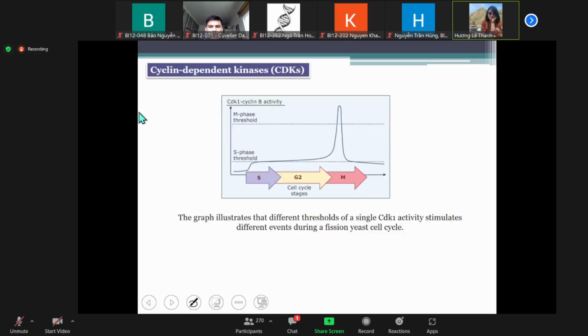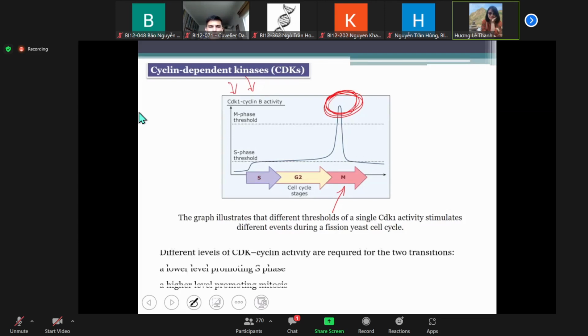And for the cyclin-dependent kinase, it is the same with CDK1 and cyclin B activities. They reach a maximum level, a threshold, in mitosis. So different levels of cyclins plus CDKs are required for transitions. Low levels promote the S phase and high levels promote mitosis. So we have a low level here and a high level here.